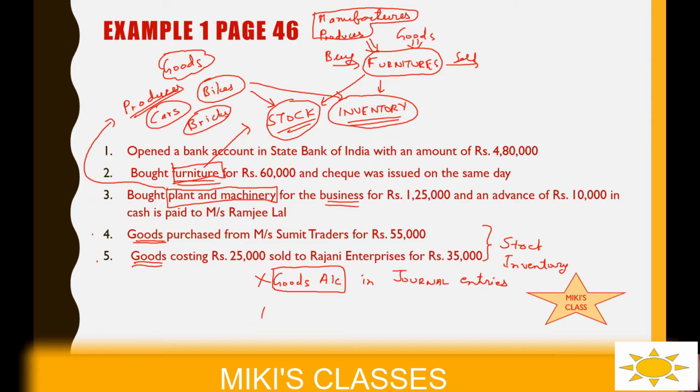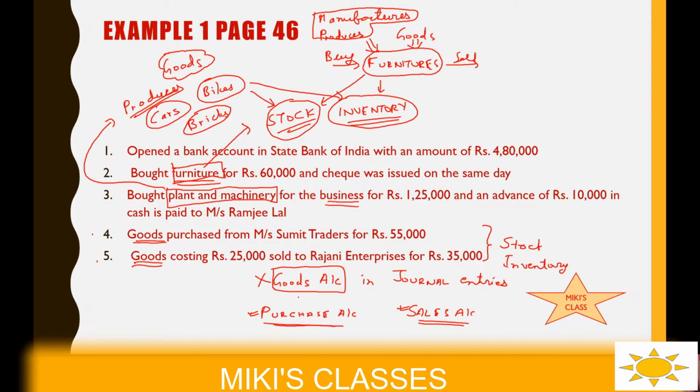If we are buying goods, we use the word purchase account. Fine, purchase account. If we are selling goods, we use the word sales account. So if we are purchasing goods, which is our main stock or inventory, that account we call purchases account. If we are selling goods, we call it sales account.